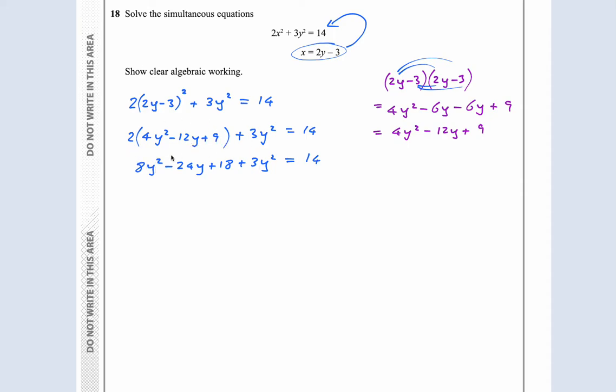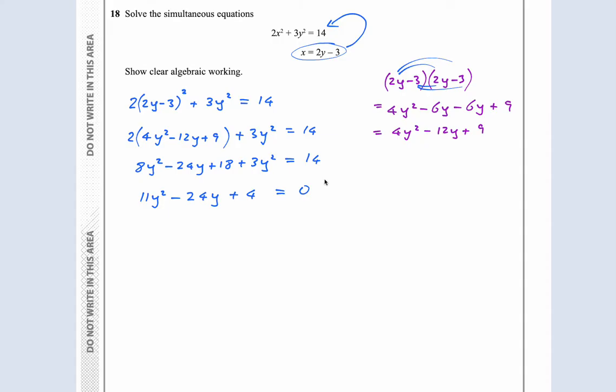Add the y squares together. 8y squared plus 3y squared is 11y squared. Minus 24y is on its own, minus 24y. And then 18 minus 14 is 4. So it's plus 4 equals 0.